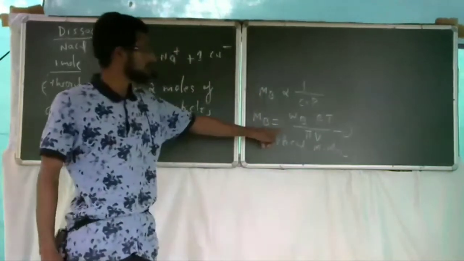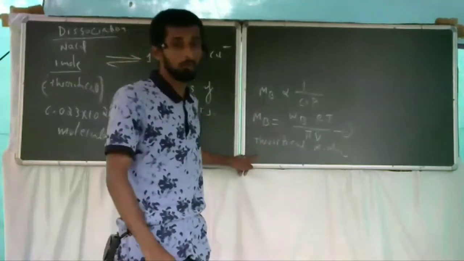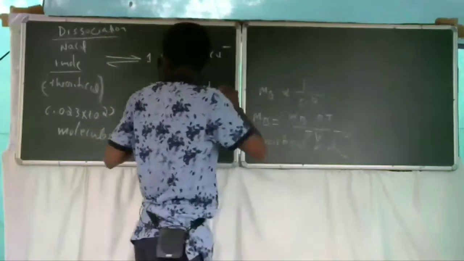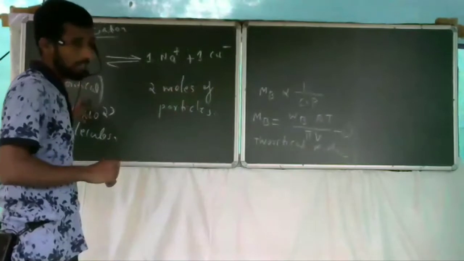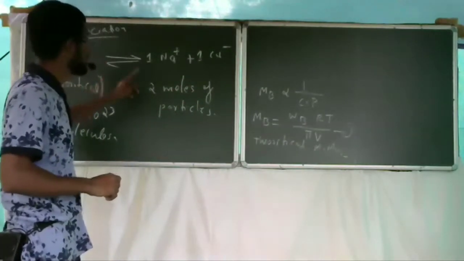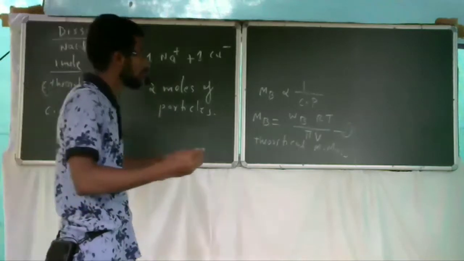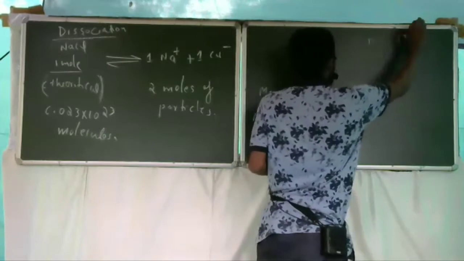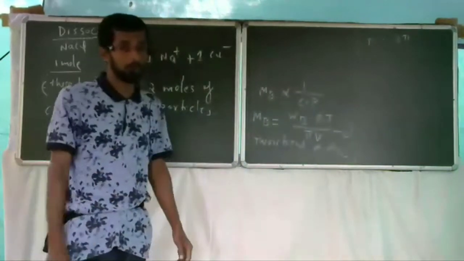According to this expression, for sodium chloride, the observed colligative property is twice the theoretical value. So I can write pi equal to 2 pi.